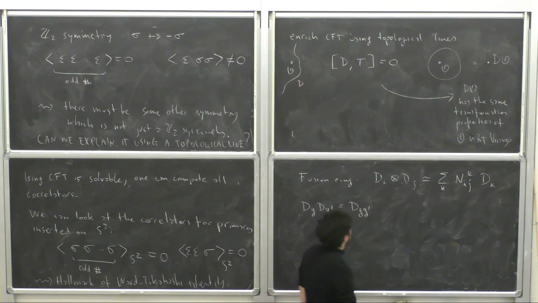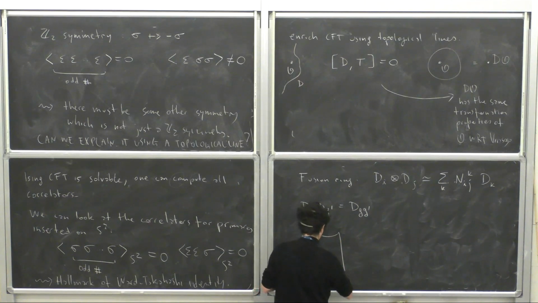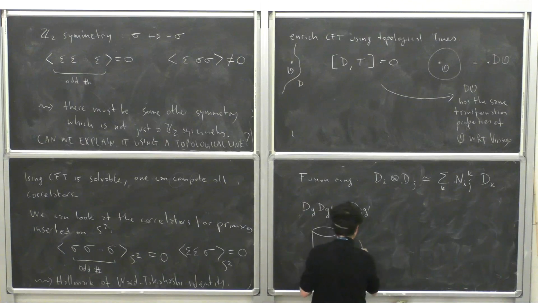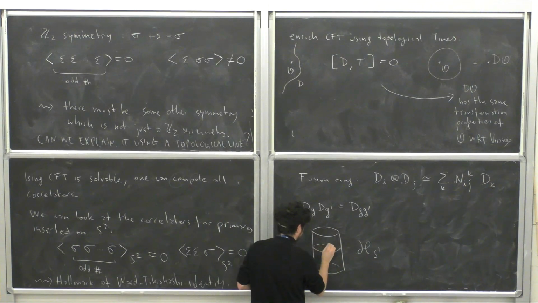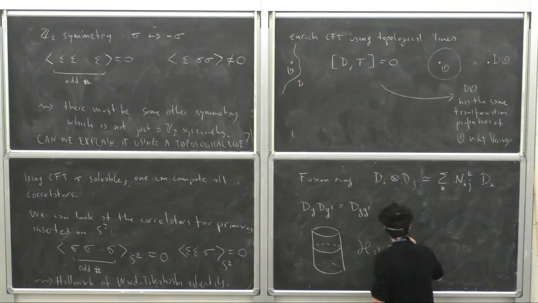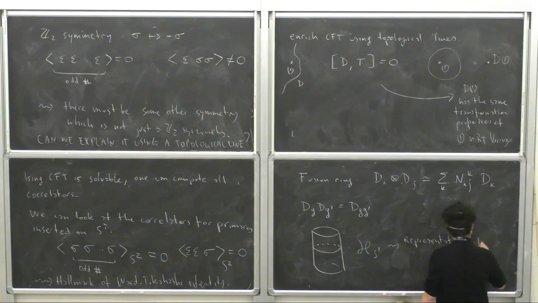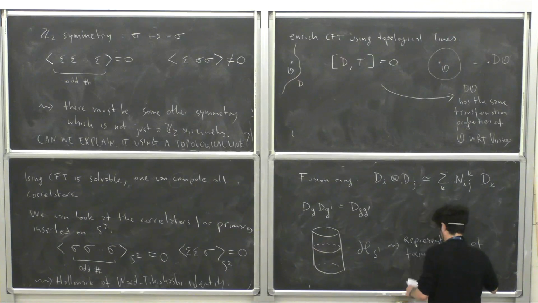But since they commute with the stress tensor, they are compatible with our picture. Remember when we consider the Hilbert space of the theory on the circle, if we insert these lines here, we obtain a representation of the fusion ring on the Hilbert space.